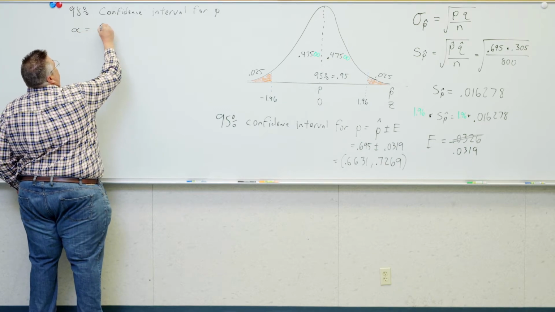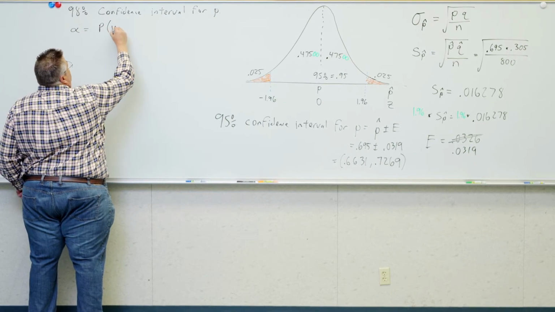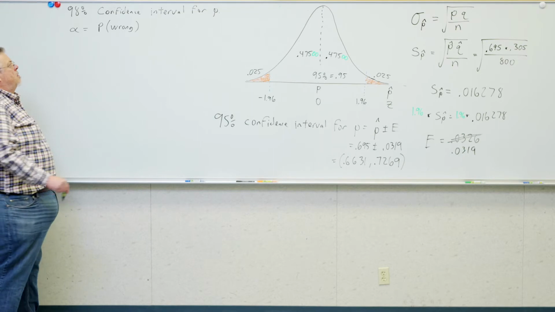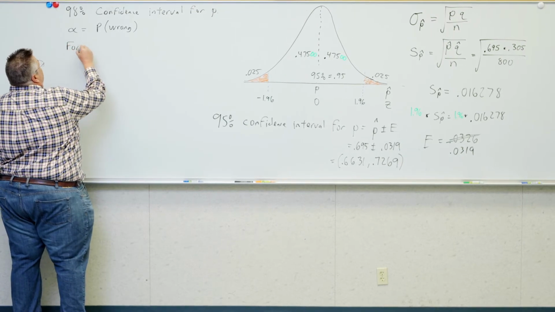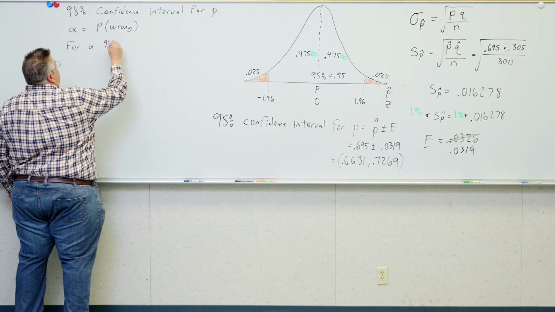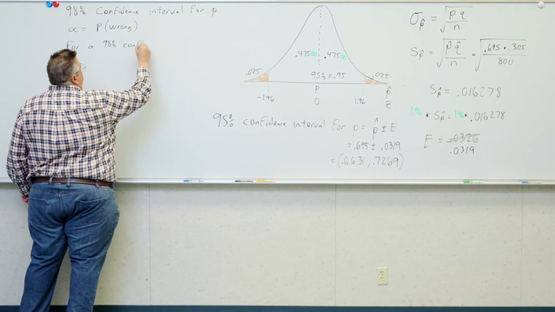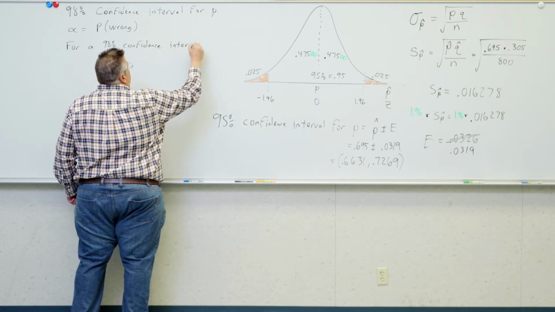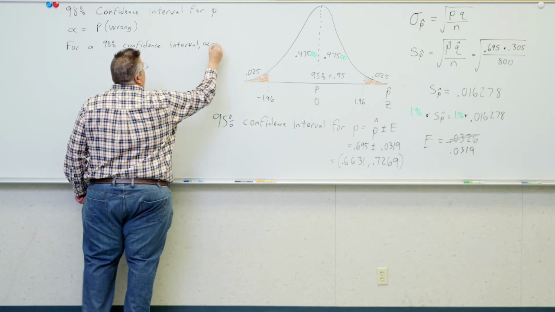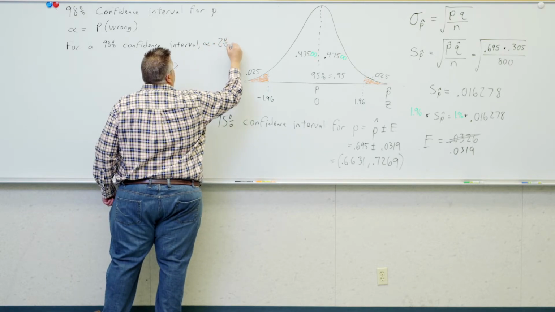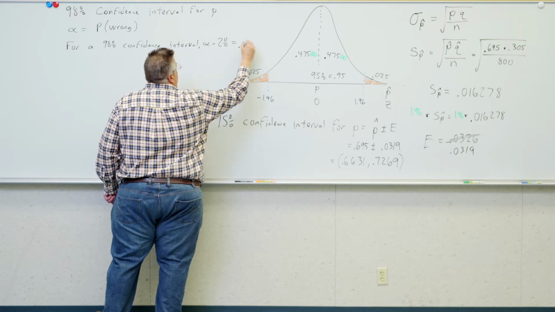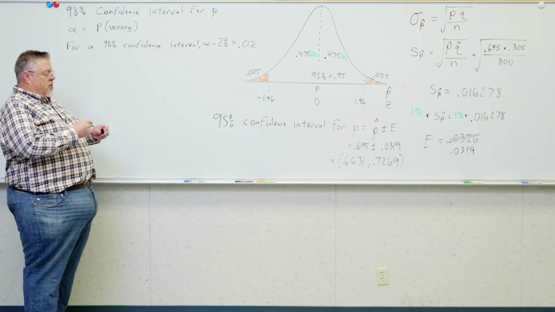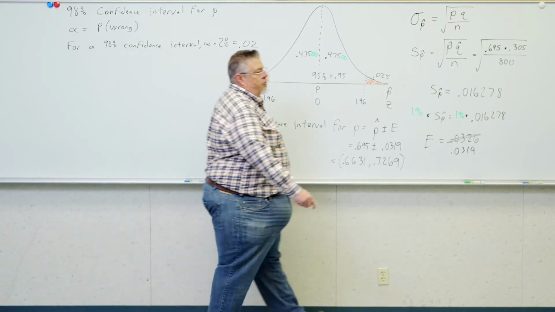Alpha is used a lot in statistics to represent the probability of being wrong. For a 98% confidence interval, alpha is 2%, which is 0.02. Now remember that 2% is going to be shared between the two tails.